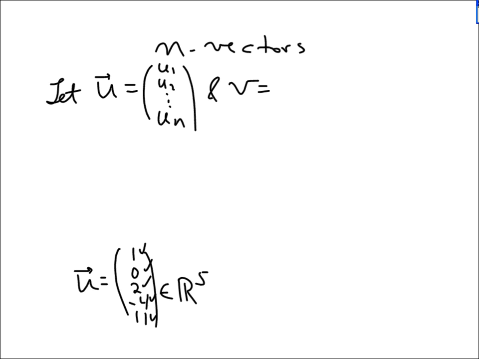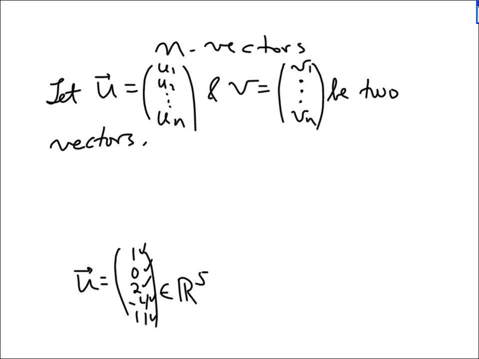And V is also in Rn. It has n components. Let U and V be 2 vectors in Rn.